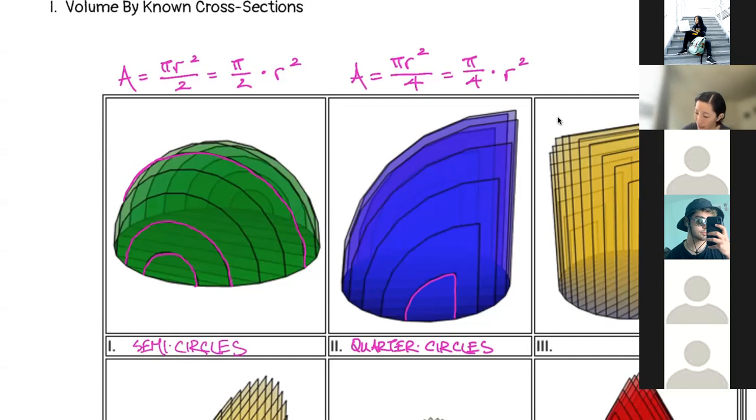Before we take a look at the other shapes, I'm wondering if you can annotate on here real quick. Where is the radius? Can someone draw a radius on the green semicircles or on the blue quarter circles? Where are those at?